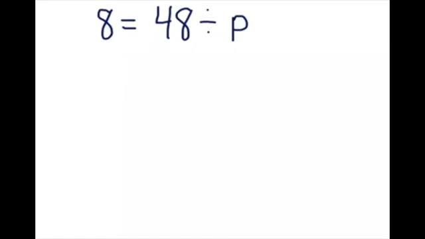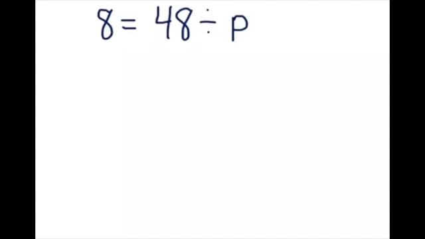All right, we have another division problem, and I hope this is not scaring you to see the problem written like this, because if you were watching yesterday, we learned that this is not a big deal. 8 equals 48 divided by p.